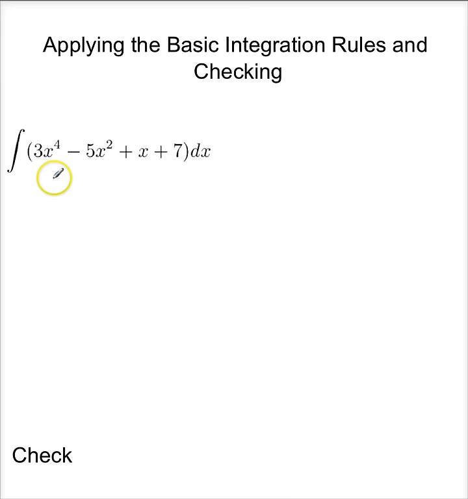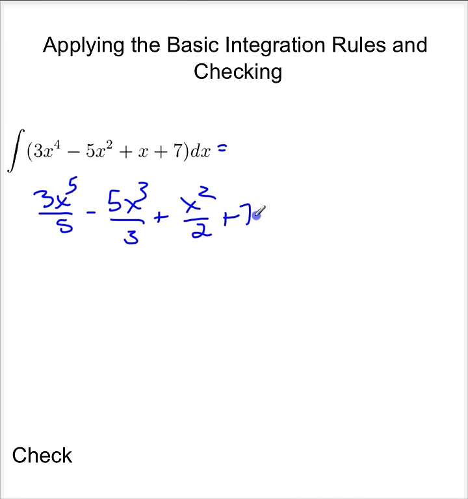Now, we can do this for a really long time, and I can write these out, but let's not. Let's just do one at a time. So this is 3x to the 5th over 5 minus 5x cubed over 3 plus x squared over 2 plus 7x plus a constant.